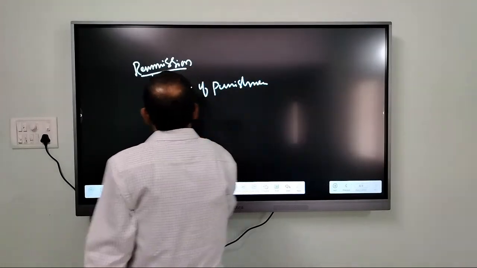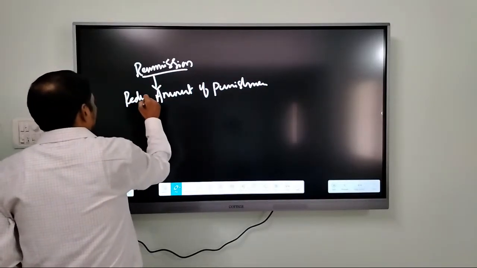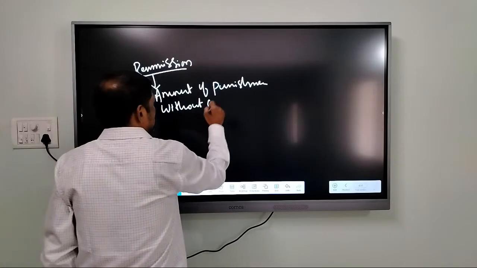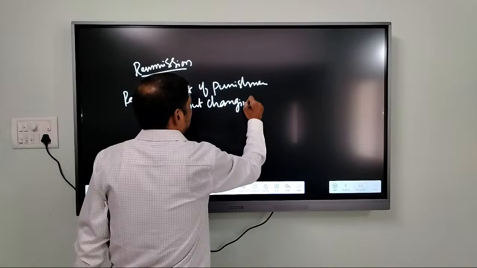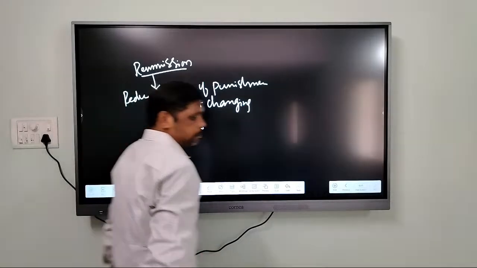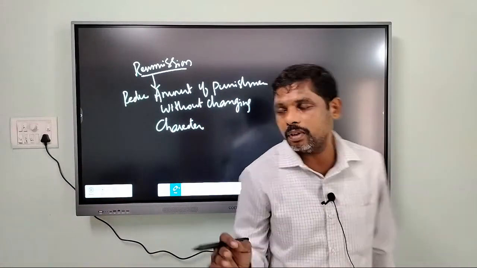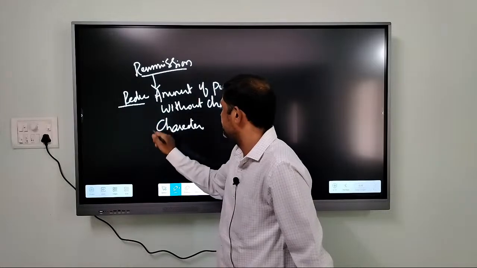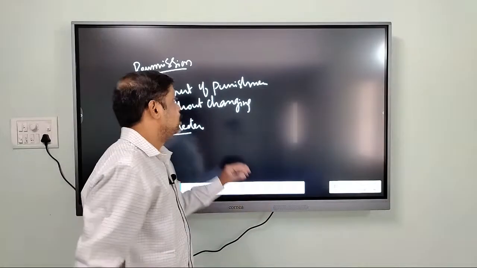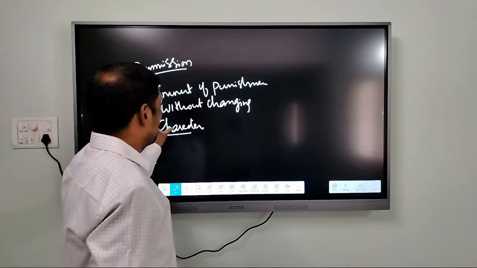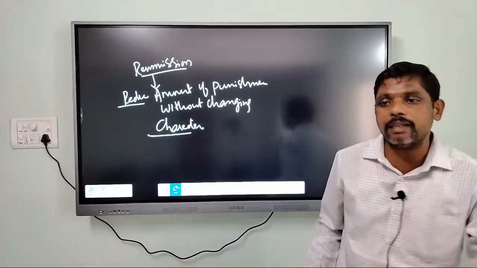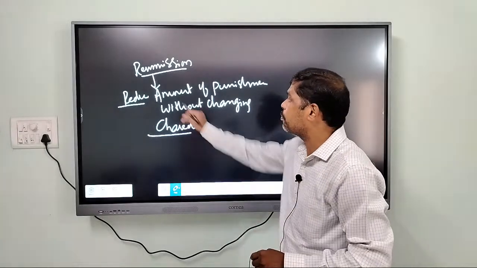So remission involves reduction in the amount of punishment without changing the character. That means the character of punishment will be the same, but the amount of punishment is reduced.